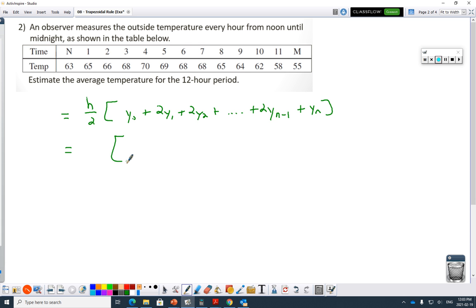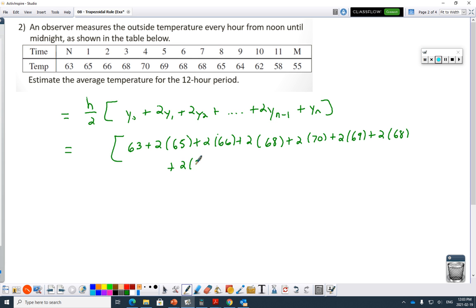I'm just adding up, oh, can you believe this? 63 and 2 times 65 and 2 times 66 and 2 times 68 and 2 times, I gotta start pointing at them or I'm gonna forget where I am, 2 times 70, and then 2 times this 69, and then 2 times this 68, and then 2 times this 68.